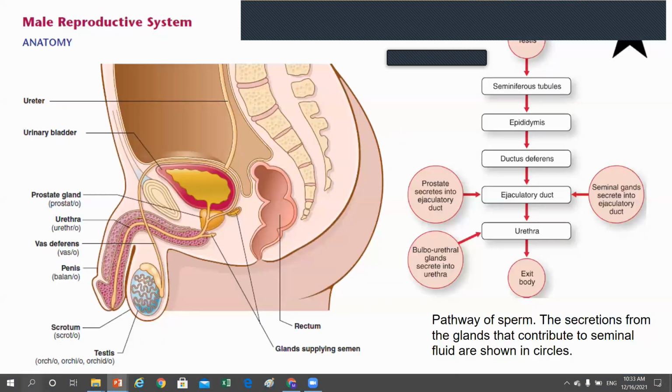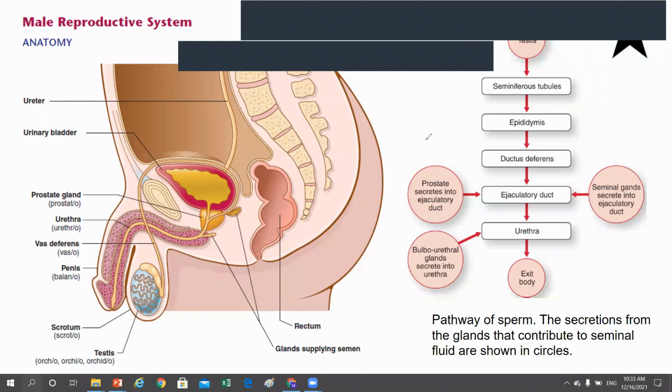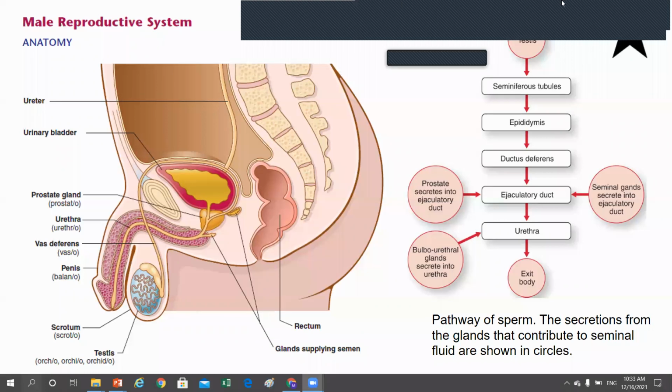As we have talked in the female system, we have different organs in our body which we utilize for reproduction. Reproduction means to reproduce children, to have the next generation.